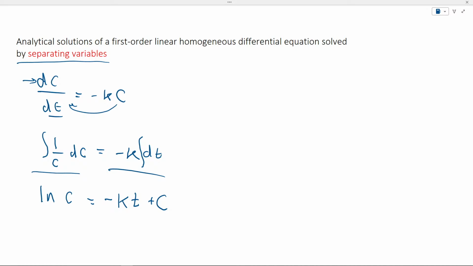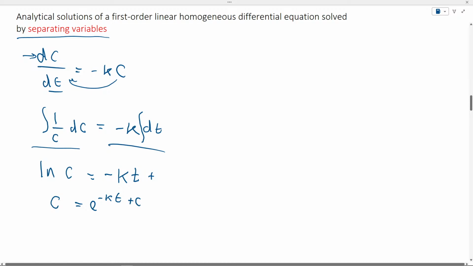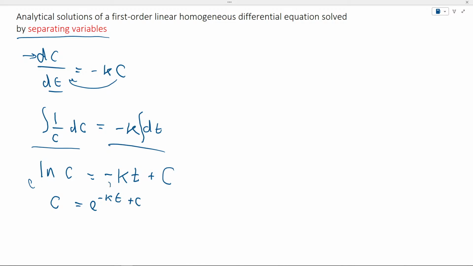The exponent of ln c is c, and the exponent of this would be negative kt plus a constant. Because you take the exponent of this and the exponent of this, that will give you c, and that will give you something like this.